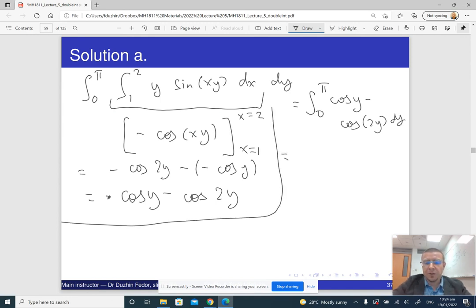And here I've got to just do the antiderivative. The antiderivative of cosine is just sine, so sine y minus 1/2 sine of 2y, and I've got to take the change from 0 to pi. It involves substituting 0 and pi for y, but sine of 0 is 0, and sine of pi is 0, and sine of 2 pi is also 0, so the answer is just 0. It's very simple.